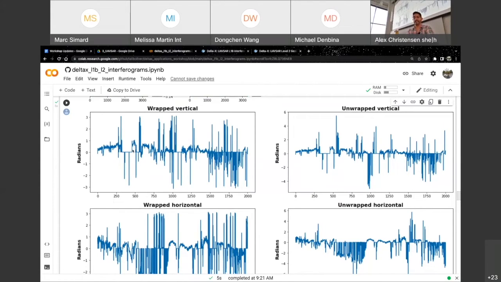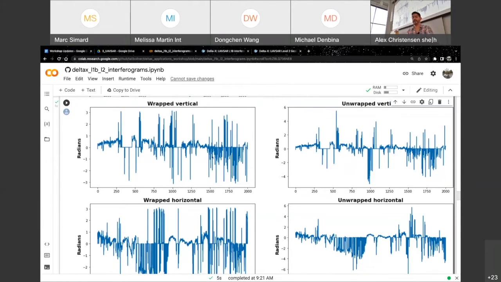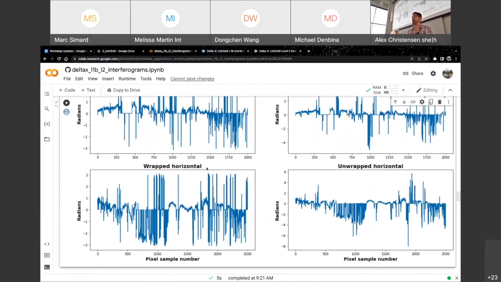So in the center, for example, this U-shaped thing is probably an area where there was an open body of water. And then we see the phase going up and down. Just remember, it looks like that because we haven't really quantified the direction and the amount of change. So this still needs to be interpreted. But this is the actual signal that we use to generate those maps that we saw before.